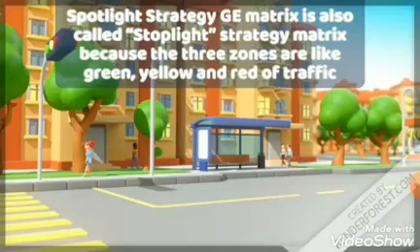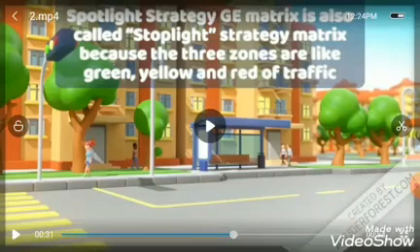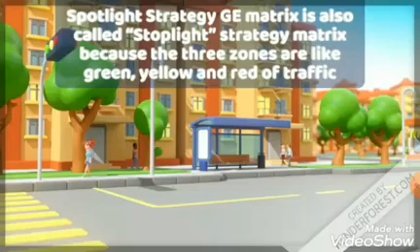Then yellow indicates the select or earning zone. If the product falls in the yellow zone, the business strength is very low but industry attractiveness is very high. Here the manager has to carefully select his strategic choice. And the red zone indicates harvest or divest, that means take off your investment.